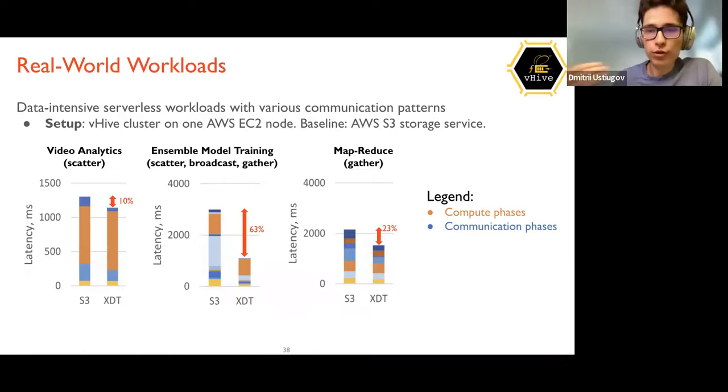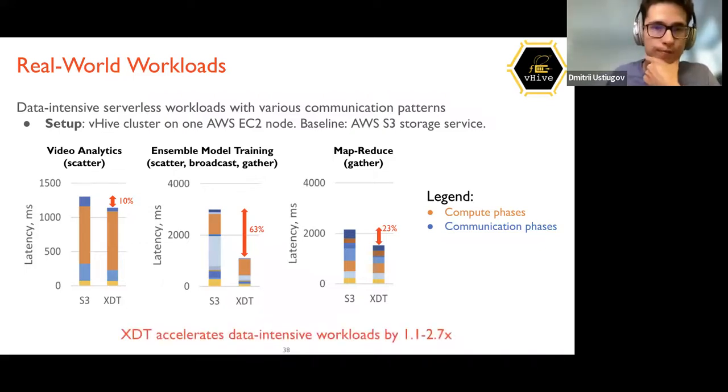Each of the workloads has several functions, each with a compute phase shown in orangish colors and a communication phase shown in bluish colors. You can see that for all the workloads, XDT significantly reduces the communication time, accelerating overall end-to-end execution.